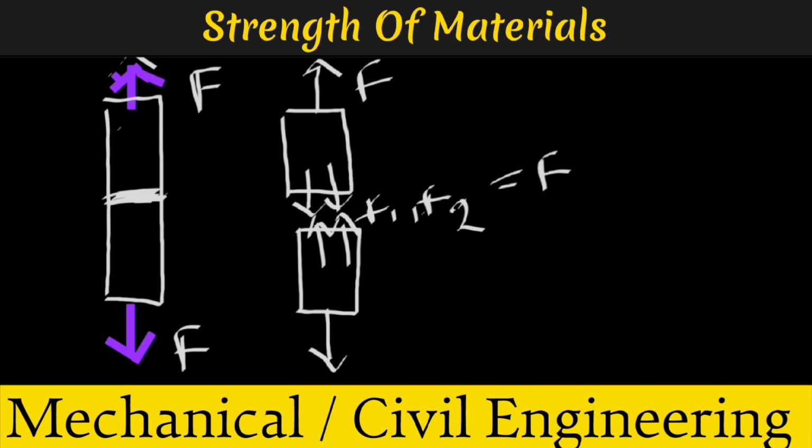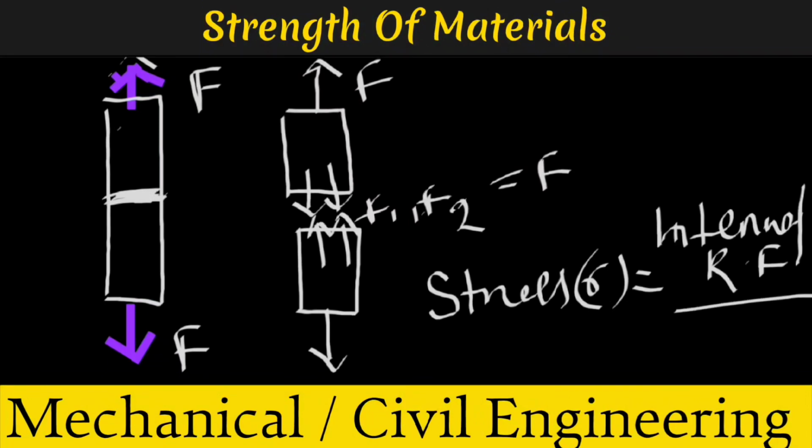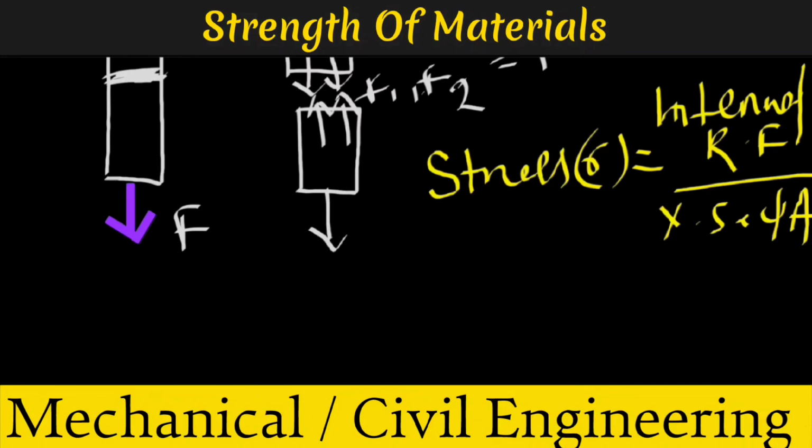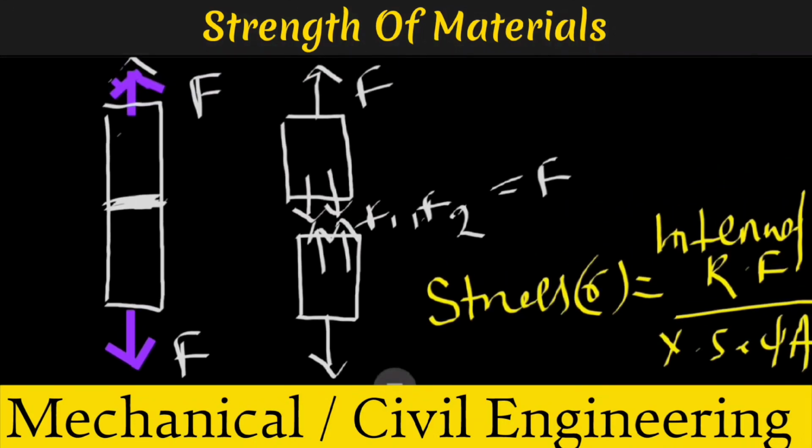So here we are just writing a formula. What is the stress? Stress sigma is equal to the internal resisting force by the cross sectional area. Here you can see the internal resisting force are F1 and F2.